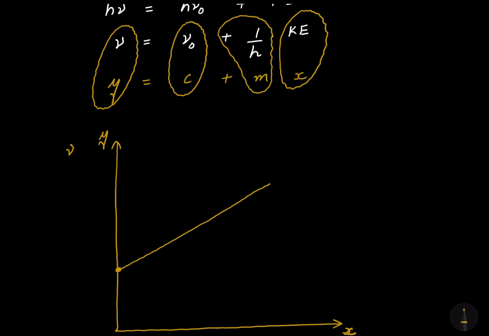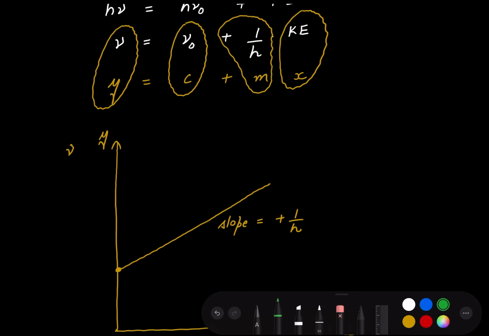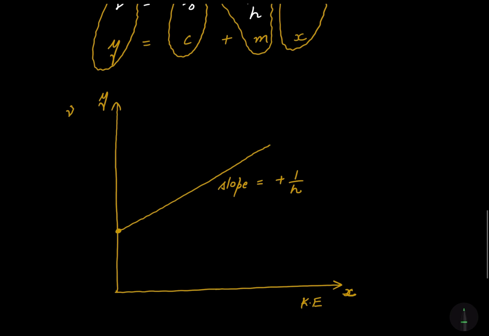So here slope comes out to be plus 1 by h, and here the intercept is c. That means this graph is starting from the positive y-axis, not from the origin. So the distance of that point from where the graph is starting from the origin is called intercept, which is represented by c.